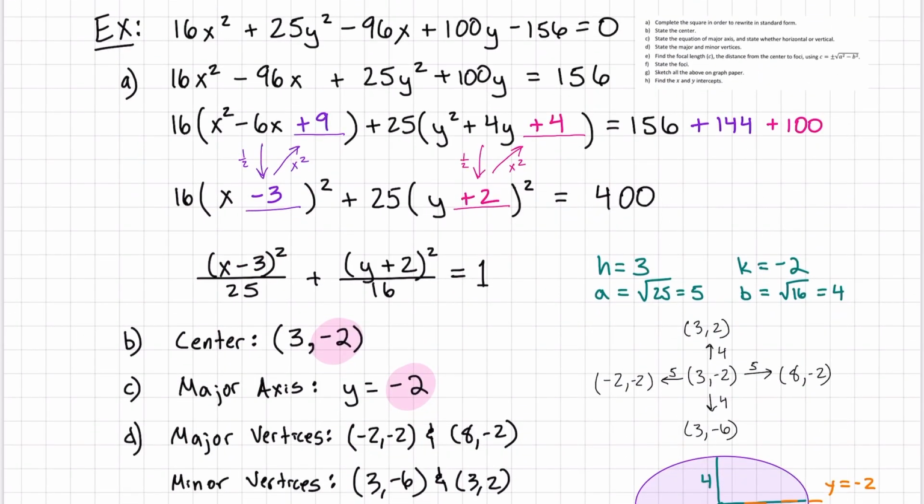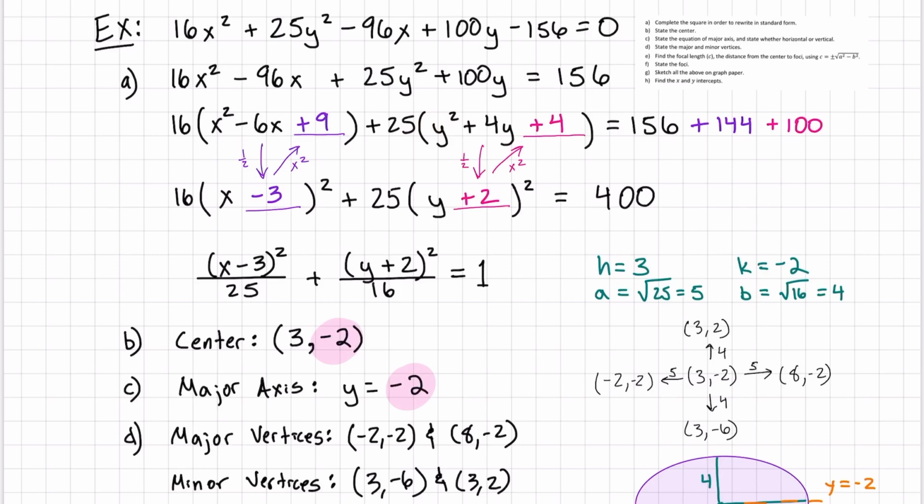All right, so we have 16x squared plus 25y squared minus 96x plus 100y minus 156, and we're going to do the same set of things. All right, so we need to complete the square, not once, but twice. So let's add the 156 over to the right-hand side. And then remember, the leading coefficients always need to be 1 before you complete the square.